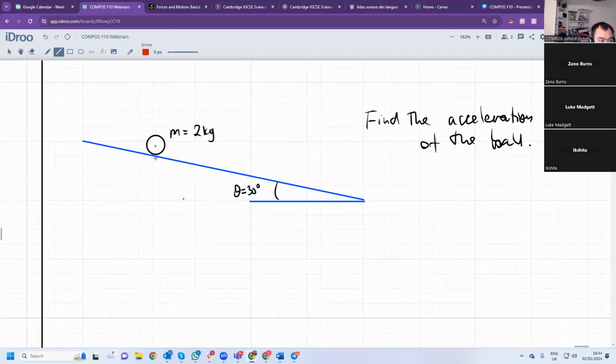Indeed, there's a downwards force on the ball, which is the 20 newtons, because that's mg. M times g, yes, g is approximately 10 newtons per kilogram. I won't say 20. In physics, we call it mg, because you can always substitute. The other force acting on the ball is the normal reaction force.